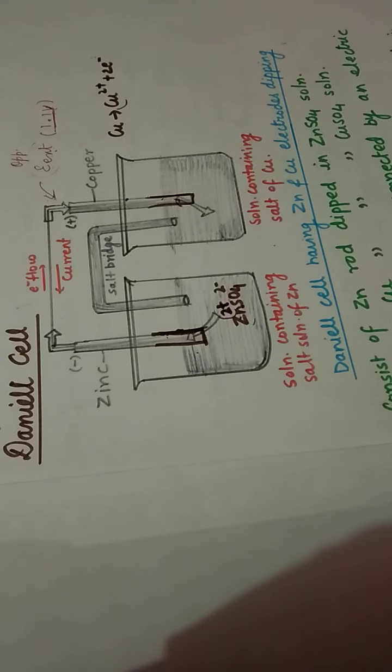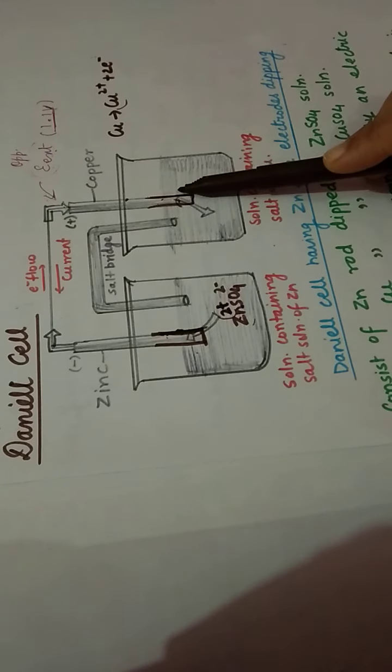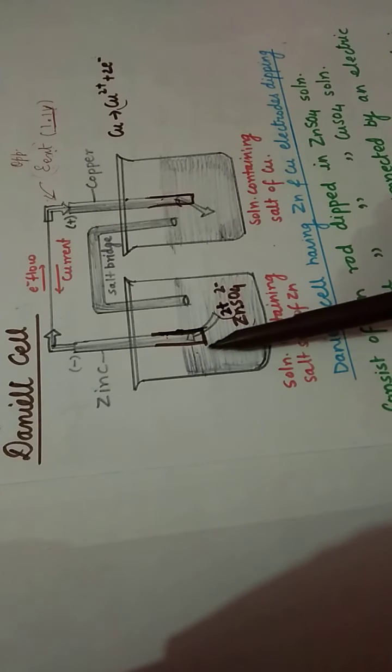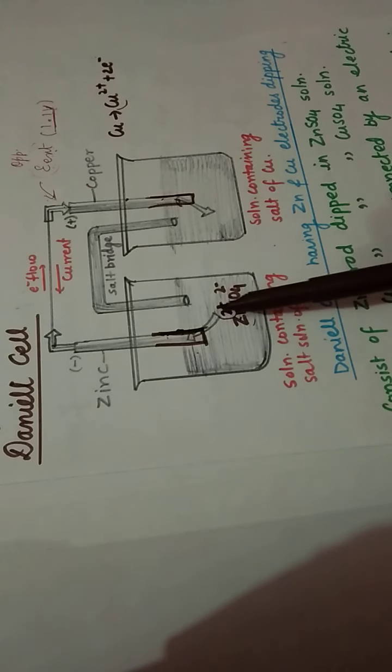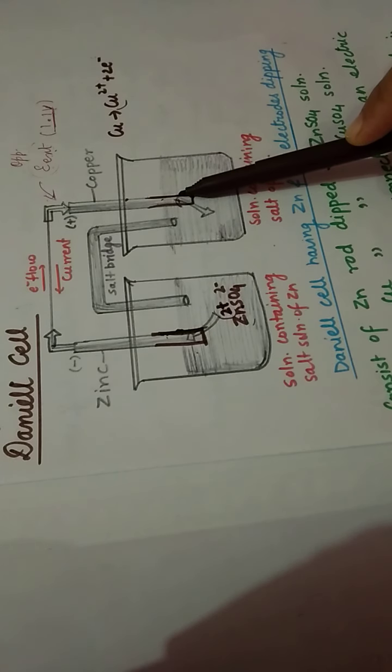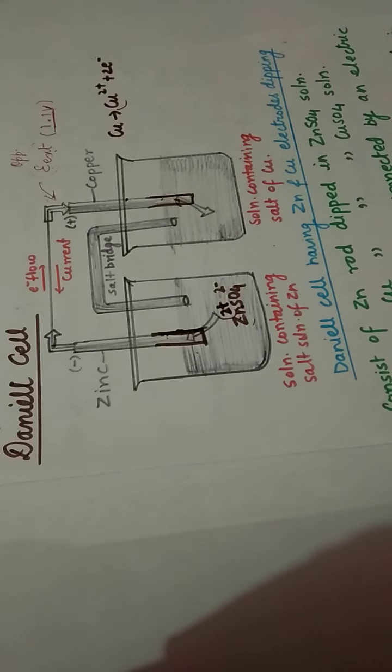So at the state of equilibrium, what will happen? The electrode may be positively charged or negatively charged with respect to the solution. Here it is positively charged and here it is negatively charged.